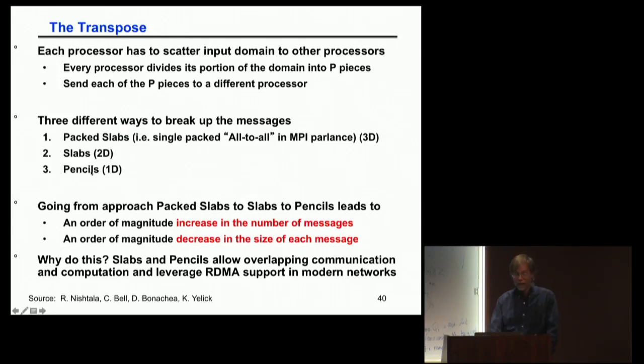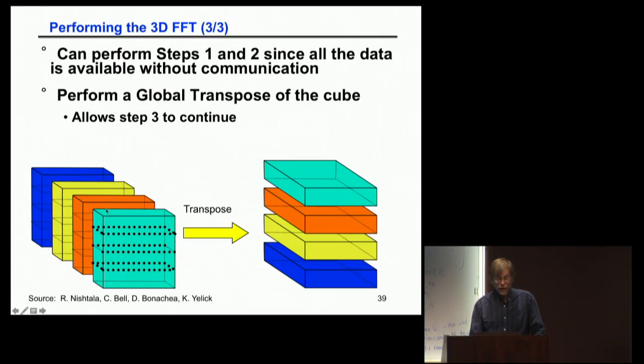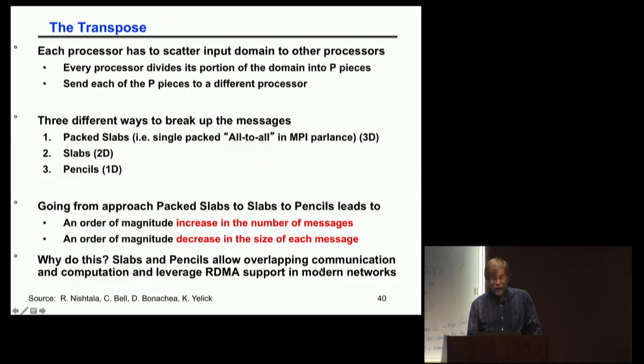And then I could even imagine doing it after each FFT. So as soon as I finish the FFT of that particular row, I could start sending it to the orange guy. So all of those are different granularities in which I can do that. And as I move from sending one enormous message, but the fewest of them, down to pencils, I'm going to drastically change the number of messages and the size of each message.